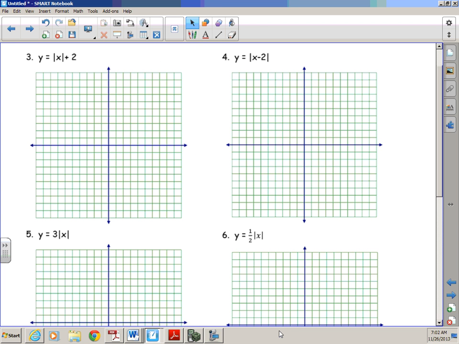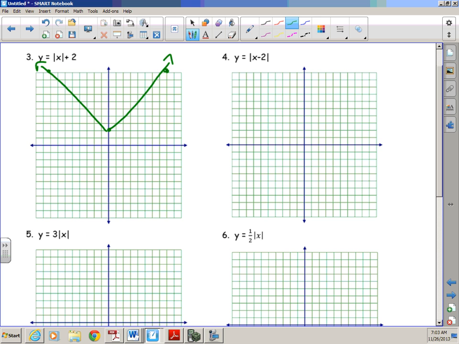So for that one, I'm going to graph my vertex of 0, 2. And we're going to recap what's happened with all of these. And then you'll see that 8 yields 10. And -8 yields 10. And I'm done.